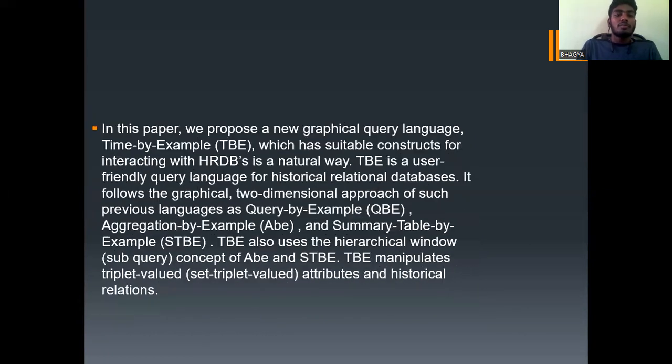In this paper, we propose a new graphical query language, Time By Example, TBE, which has suitable constructs for interacting with the HRDBs in a natural way. TBE is a user-friendly query language for historical relational databases. It follows the graphical two-dimensional approach of previous languages: Query By Example, QBE, Aggregation By Example, ABE, and Summary Table By Example, STBE.